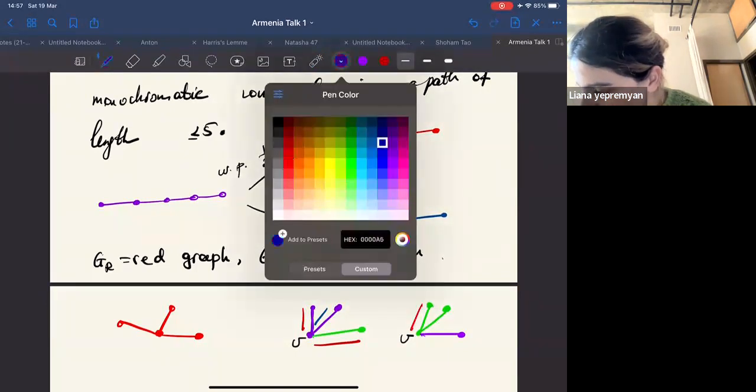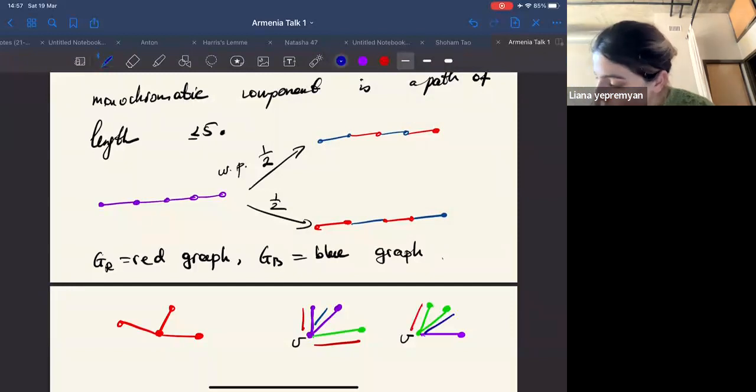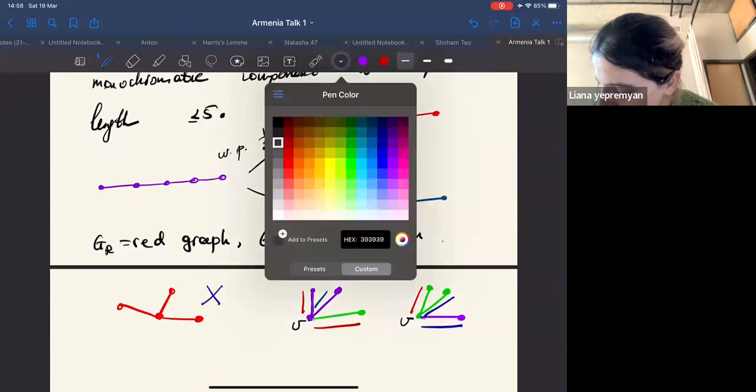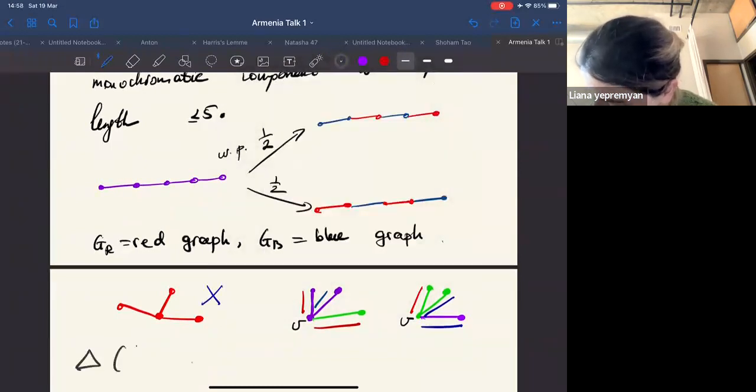What I care about is that from V, I will already have red and blue sticking out. And the purple, maybe it's red, maybe it's blue, but no matter what, such pictures cannot happen. So after recoloring, I can say that the maximum degree of both the red and the blue graphs is at most 2.